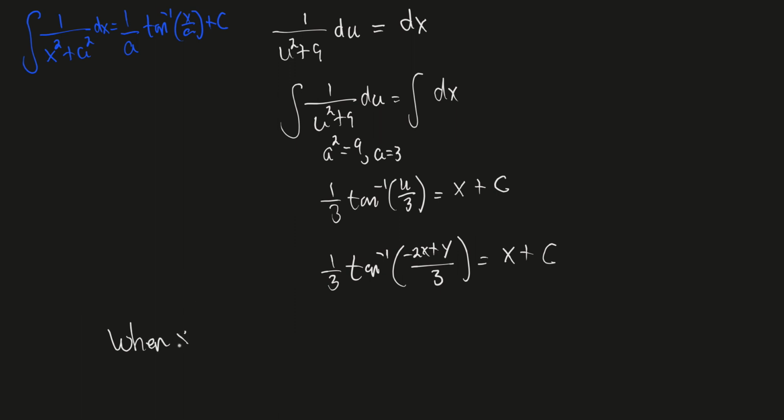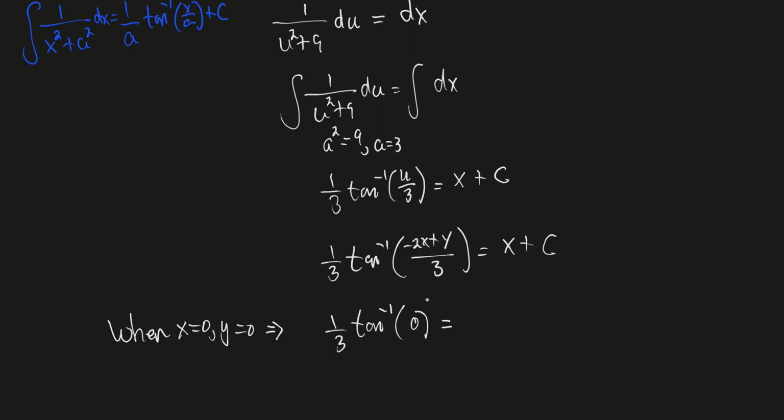We have 1/3 arctangent of 0 over 3, so that's just 0, and that's equal to x, well, x is 0, so 0, plus c.